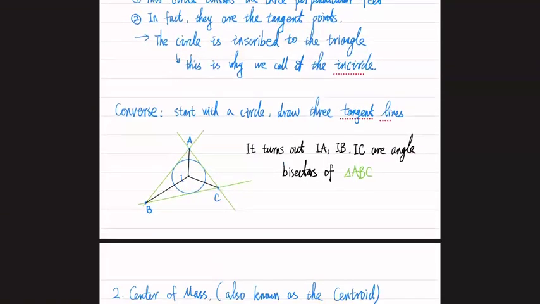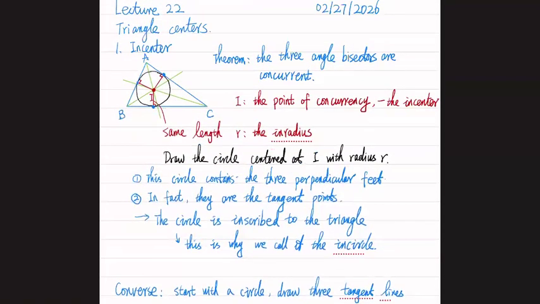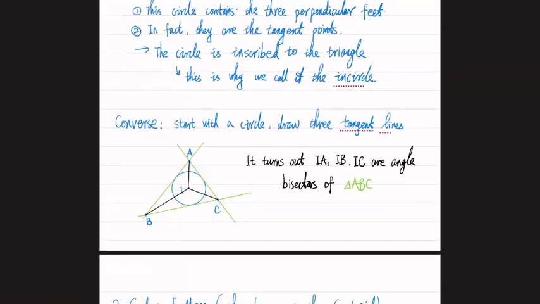So the other way: previously we started with the triangle, now we start with a circle. We draw three tangent lines, arbitrary, they don't have to be the same.